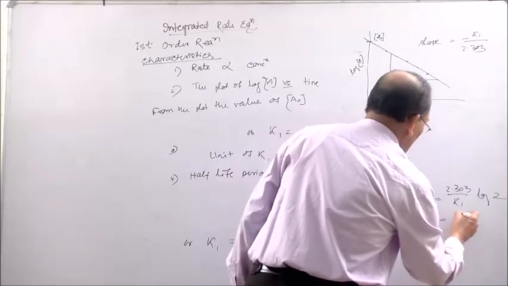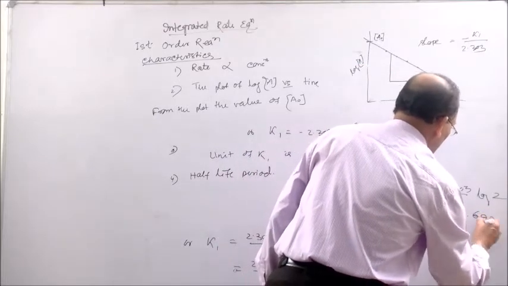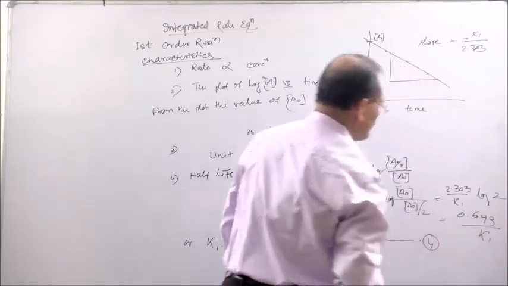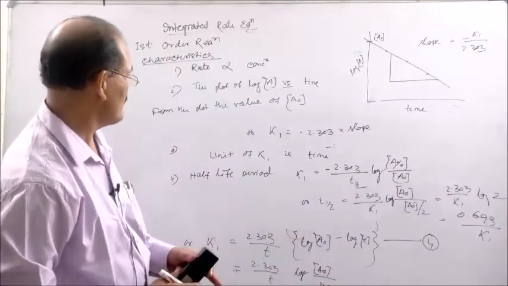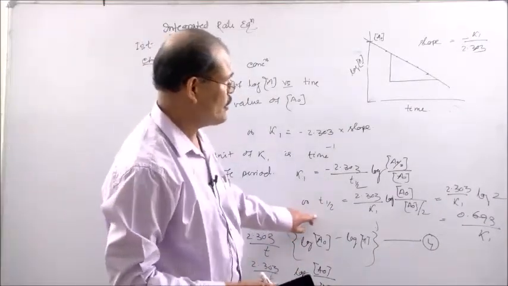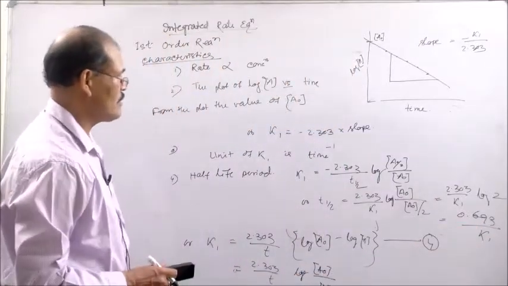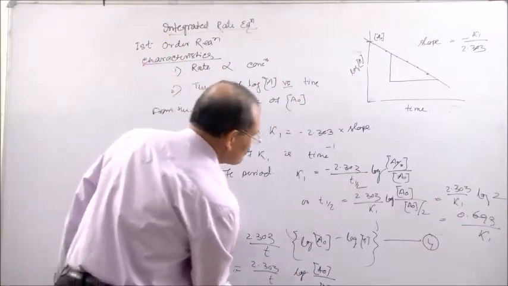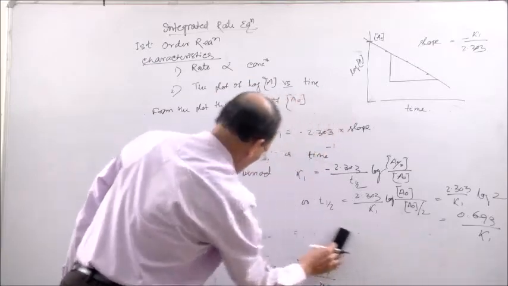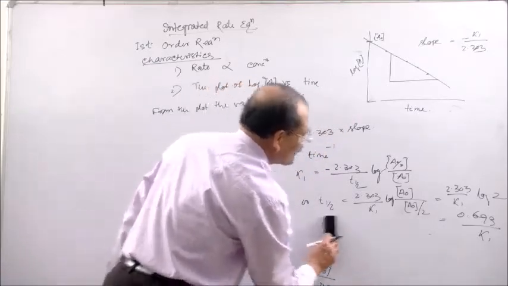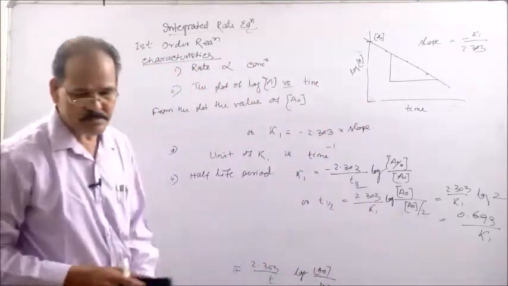That gives the value 0.693 by K1. So it is a fixed constant quantity, that means the half life period is inversely proportional to the rate constant, and independent of concentration. These things show the characteristics of first order rate constant.